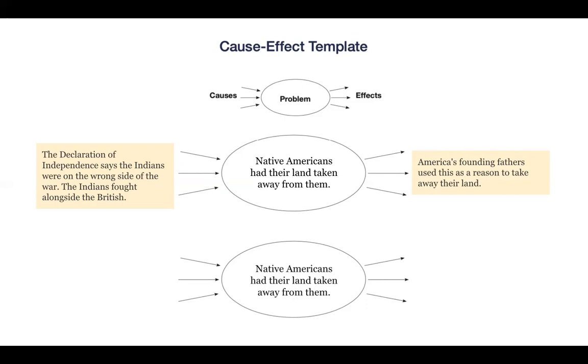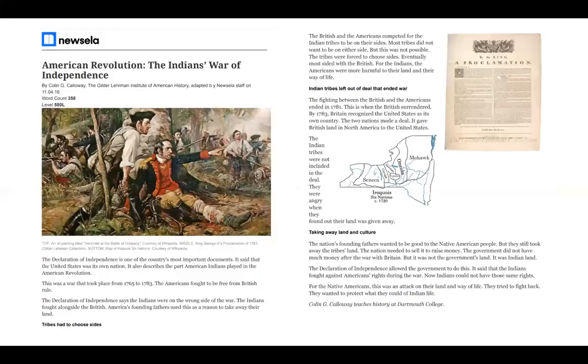There is another cause and effect for this problem. I want you to pause the video in a moment when I go back to the text and see if you can find another cause and effect for the problem of Native Americans having their land taken away from them. Pause the video here and take a look at that last subheading. What's another cause and effect that relates to the problem of Native Americans losing their land?